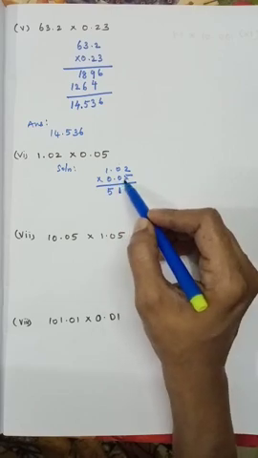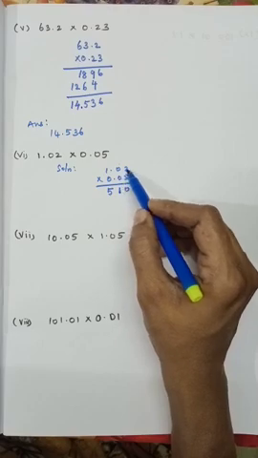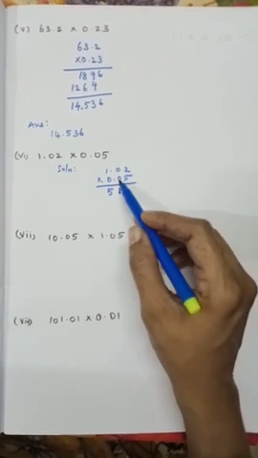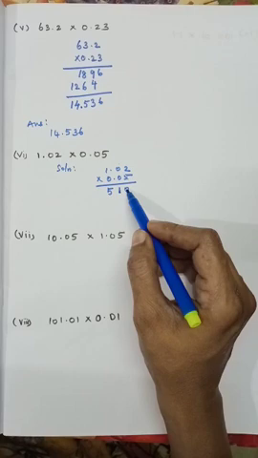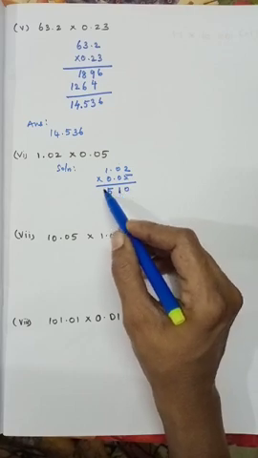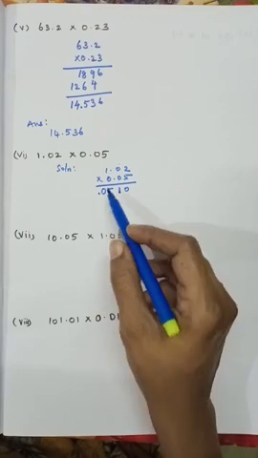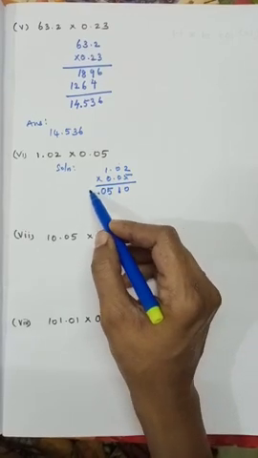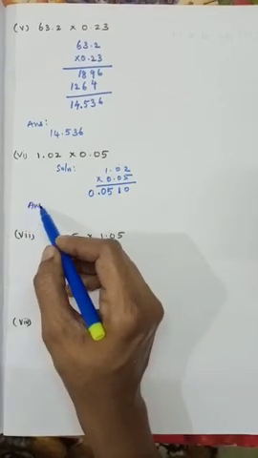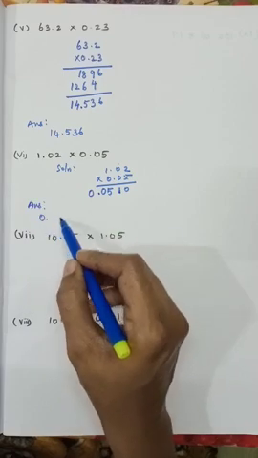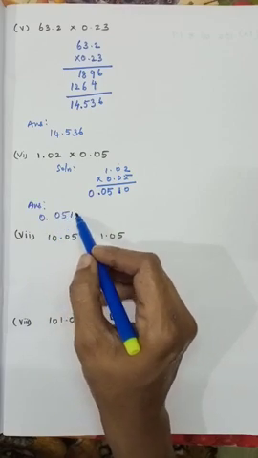After how many digits you have to keep point? 1, 2, 3, 4. Fourth digit you have to keep a 0. So you are keeping a 0 and keeping point. So the answer is 0.0510.